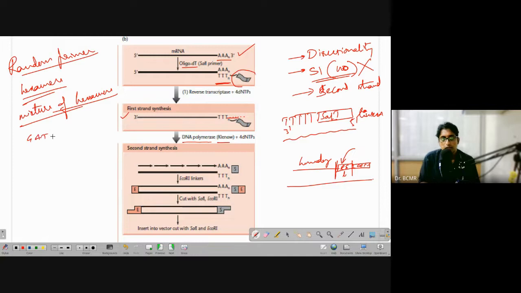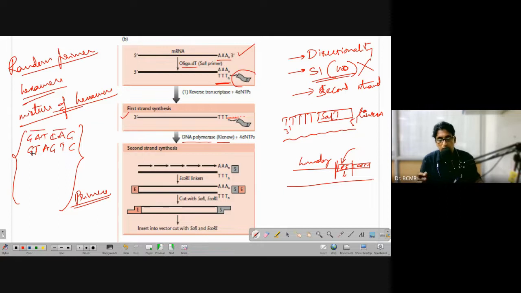So GATCAG is one combination, and another one could be something like this. So what you have as random primers is a mixture of these hexamers. You're going to use them as primers. These are DNA oligonucleotides, usually 6 bases, and they are a mixture. It's not one constant sequence. I hope you understood. You can have any of those sequences.